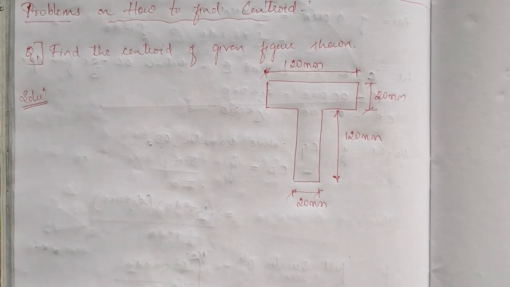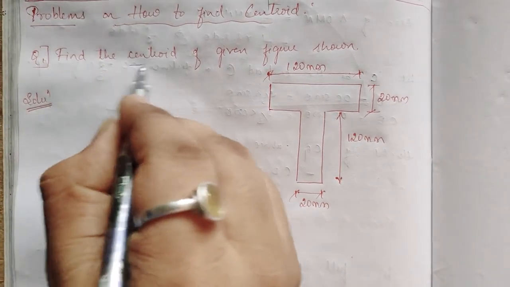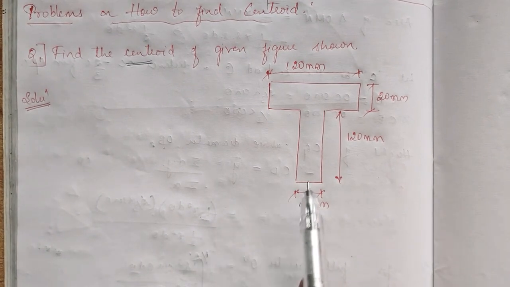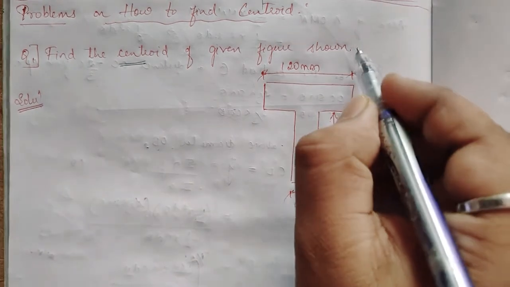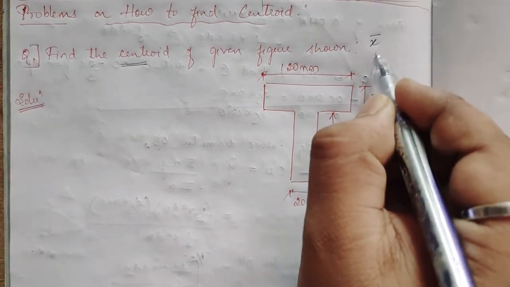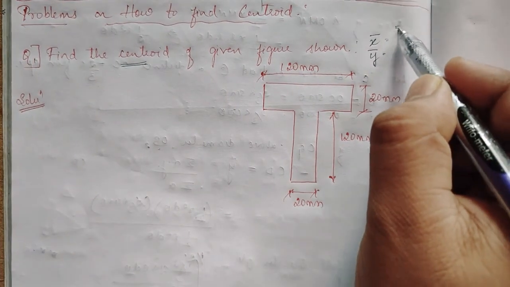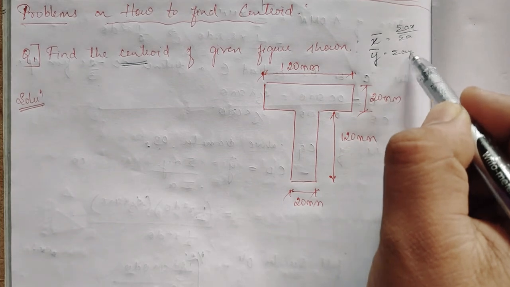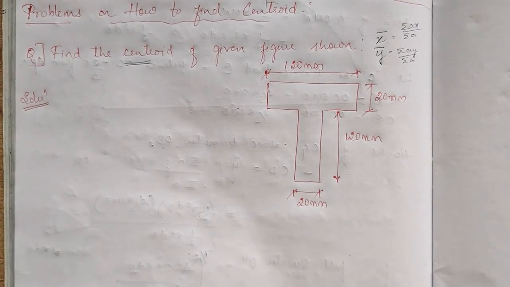Whenever a problem is given on centroid and they tell us to find the centroid for the given figure, for the whole figure, what does it mean? We have to find x bar and y bar. We know the formula: x bar is summation of ax by summation of a, and y bar is summation of ay by summation of a.